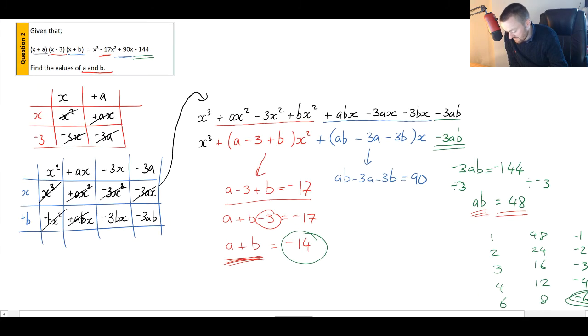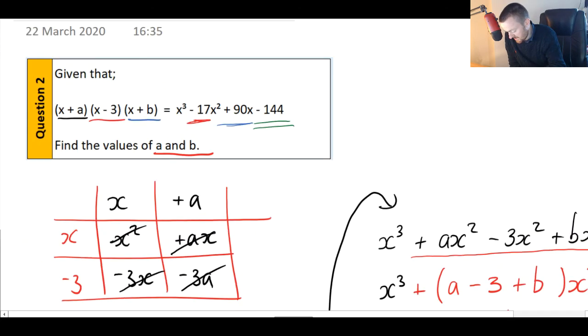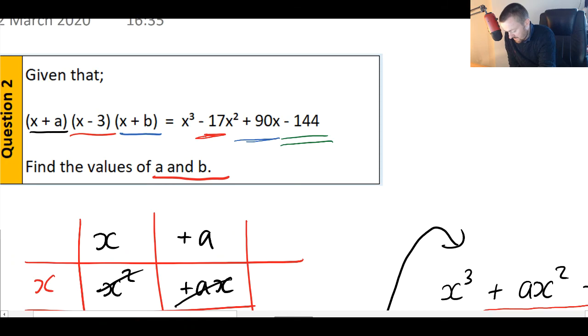So back in terms of the original question, all the way up here, the two values we're going to use are negative 6 and negative 8. Now, it doesn't actually matter which one here is which. I'm going to say a equals negative 6 and b equals negative 8. You could put a equals negative 8 and b equals negative 6.